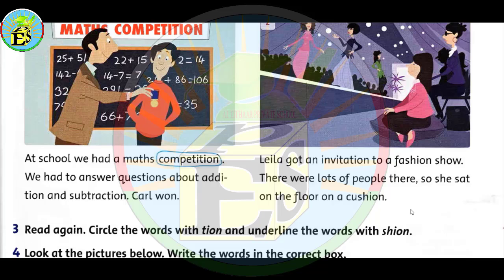There were lots of people there, so she sat on the floor on a cushion. This is the cushion, she's sitting on it. And you have to put a line under this word, cushion, because it ends with S-H-I-O-N, and this is what we are required to do.